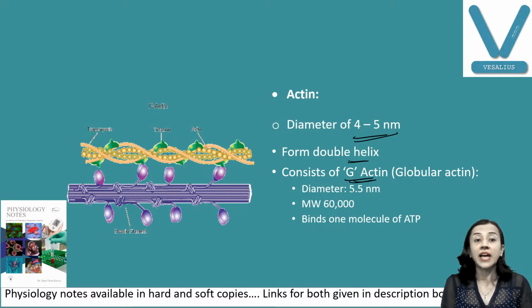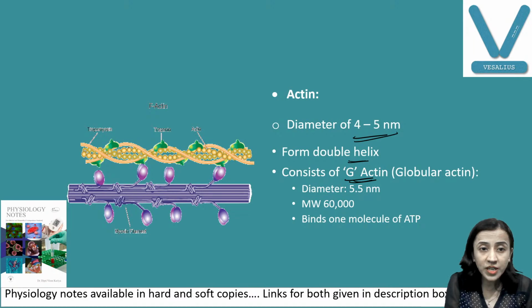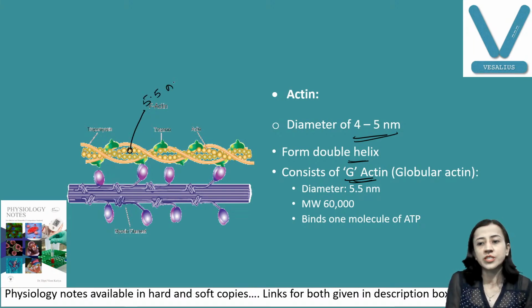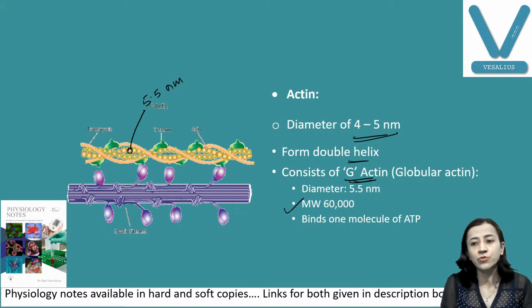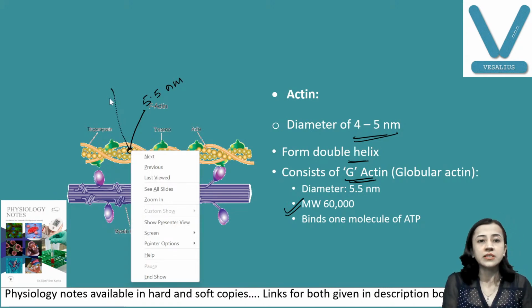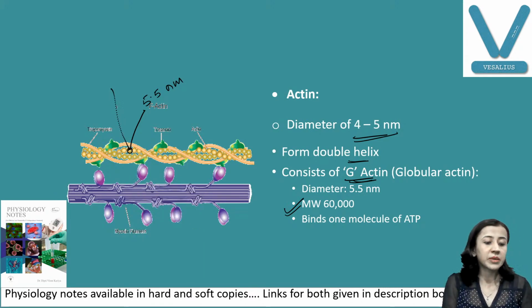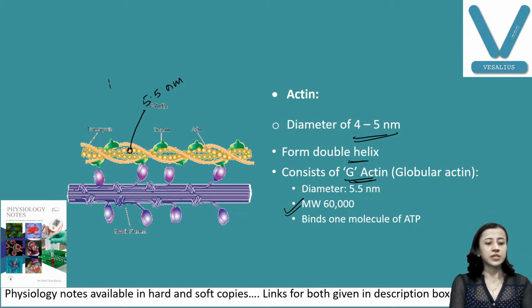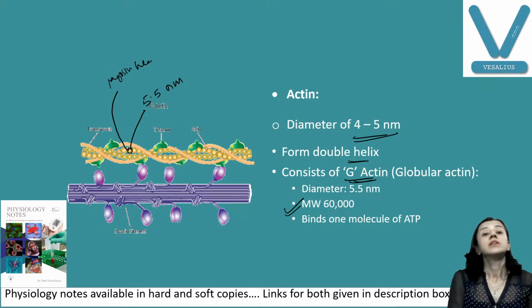The diameter of one G actin molecule is 5.5 nanometers. Its molecular weight is 60,000, and this molecule binds with the myosin head. Try to remember this; it is very important. If you want to know muscle contraction, you need to know this. So it is the globular part of the actin that binds with the myosin head.